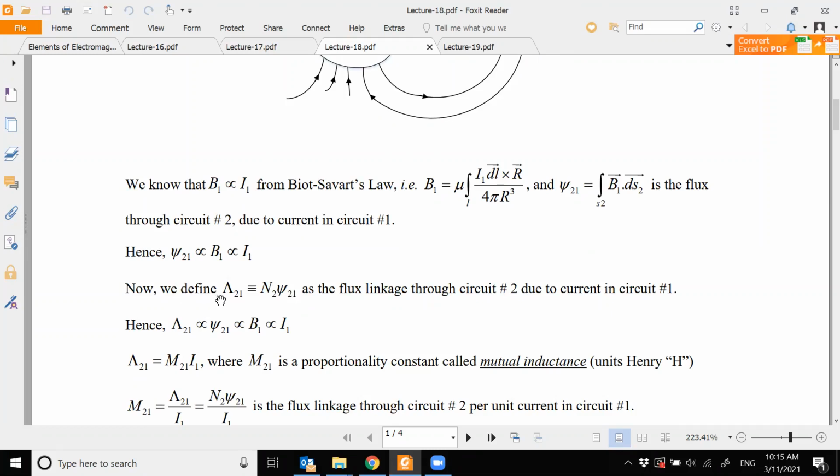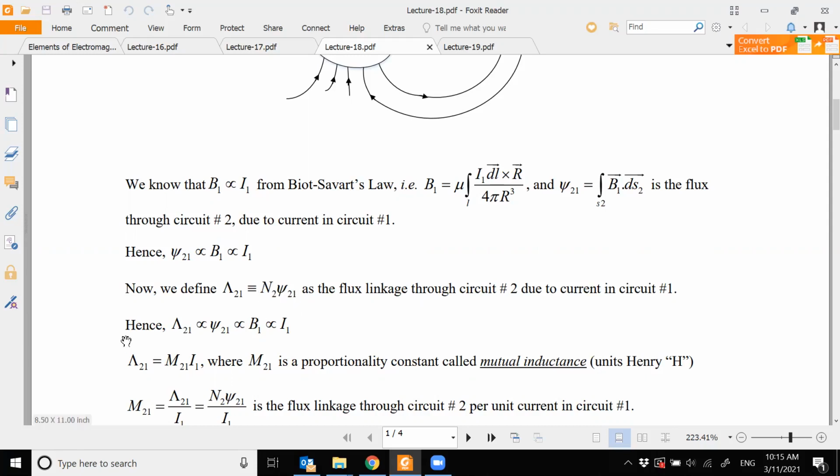So the flux linkage is called uppercase lambda. Flux linkage in circuit 2 due to circuit 1 is equal to the number of turns of circuit 2, which is N2, times the flux in circuit 2 due to circuit 1. So it is N2 psi 21.